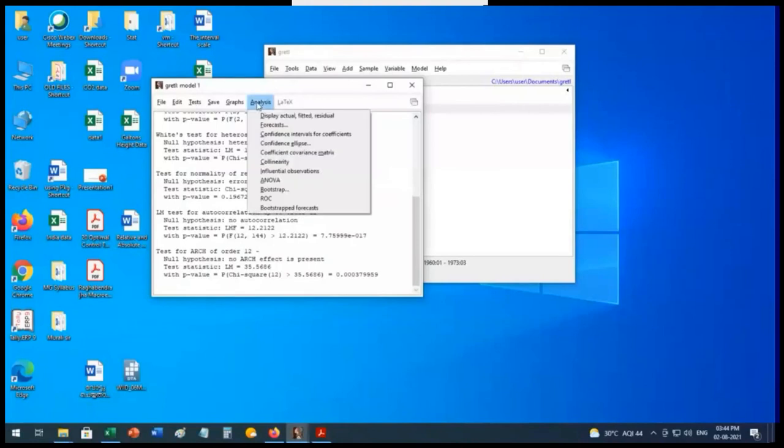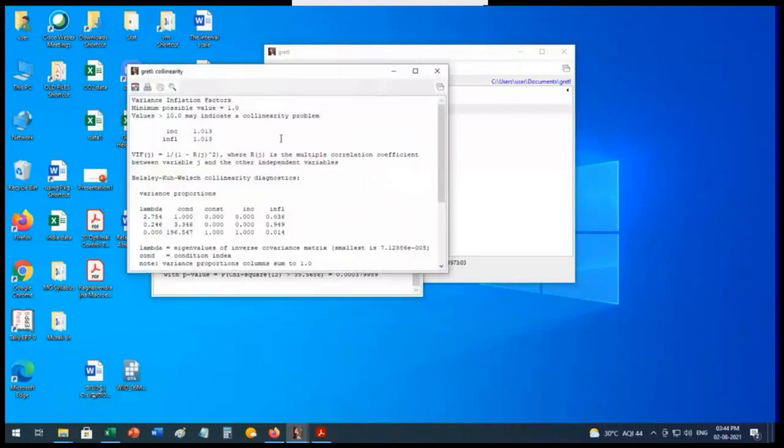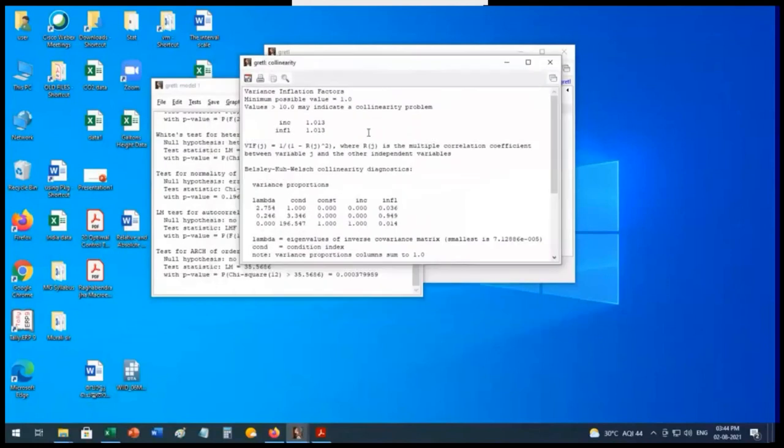Now here you can see collinearity. This is multicollinearity. So click this one. Now I'm not going into all these lambda values and other things, that is the condition index and other things, but the variance inflation factor only.